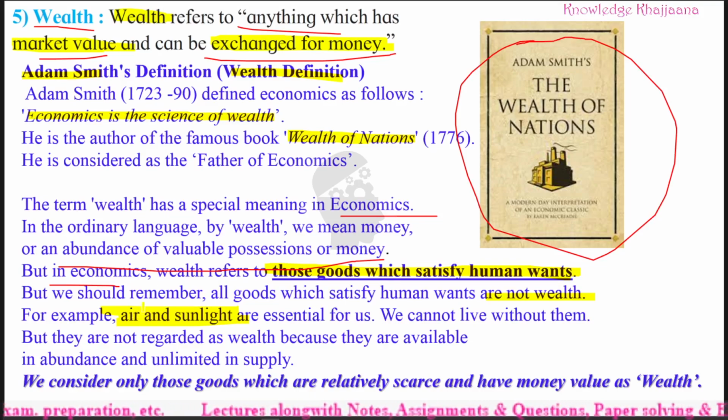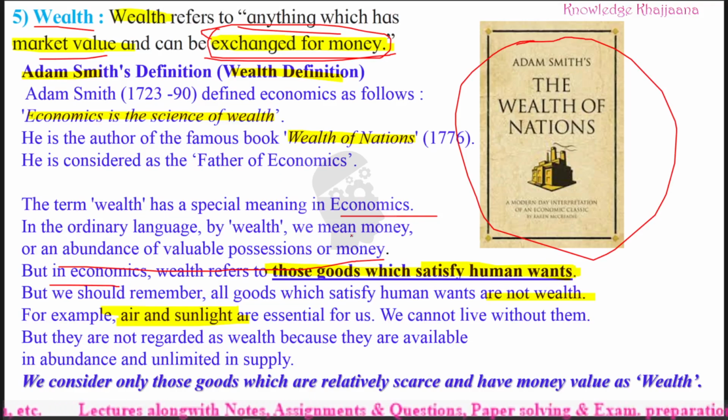No. Can you give any exchange to the sun to give the sunlight? No. See, even though air and sunlight satisfy human wants, right? In one category, it is satisfying the definition. But can they be exchanged? As per this definition, can air and sunlight be exchanged for money? No, air and sunlight cannot be exchanged for money. Why? Because those are free goods.